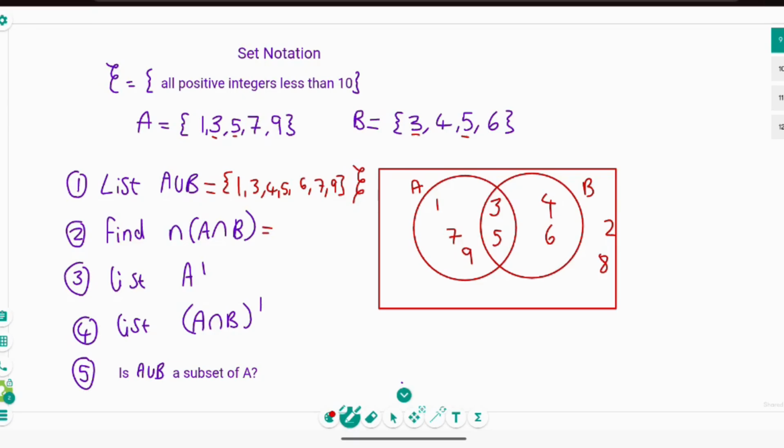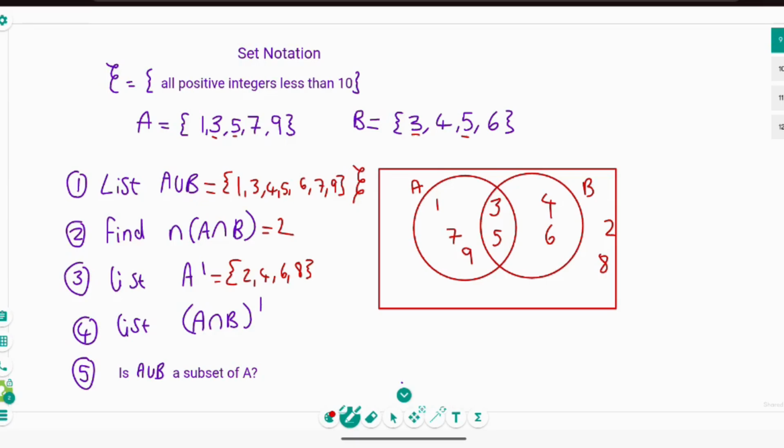Number of elements in A intersect B. We've got 2 numbers here, so it's just 2. List A complement or not A. So here, got all the elements in A. So not A is just 2, 4, 6, and 8.